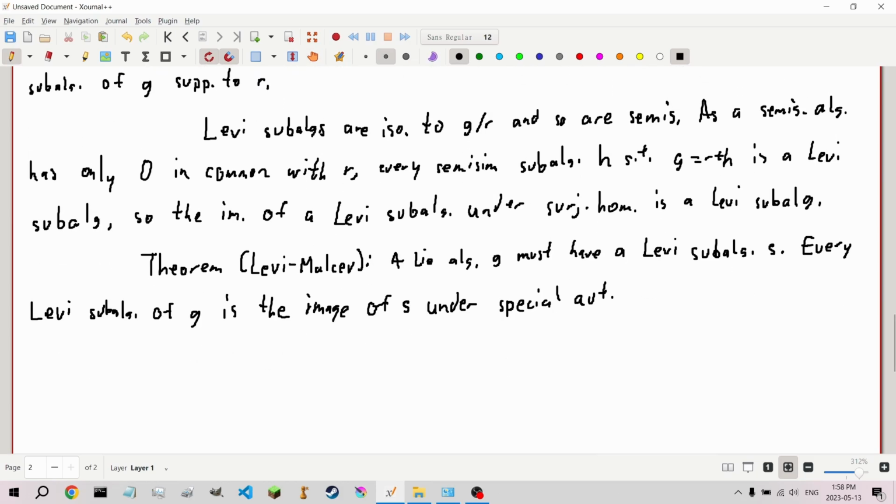So the proof is going to be fairly long. Let R be the radical of G, not S. We first handle two special cases.